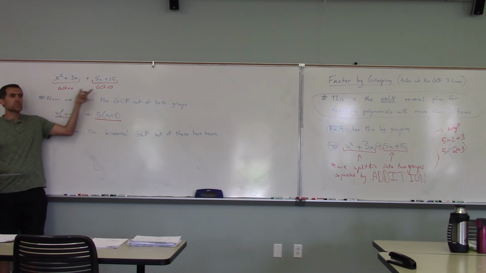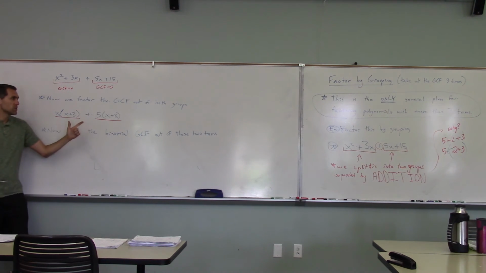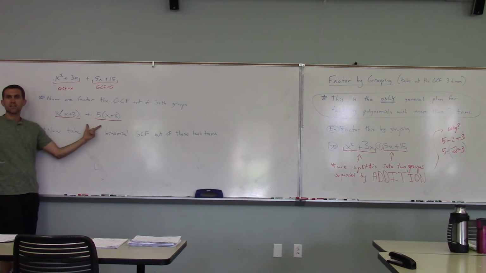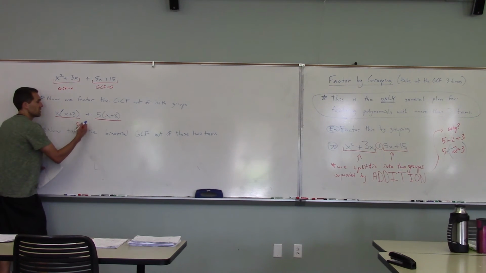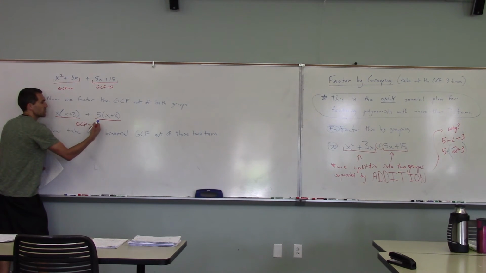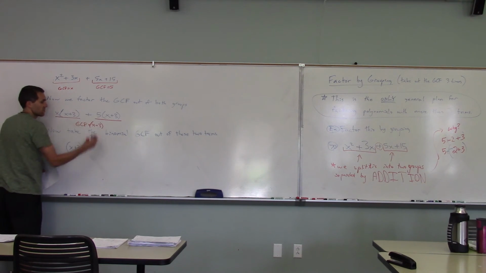We split this into 2 groups. We take the GCF out of this one and this one, that's 2 times. And then all we do is say, oh, but look, now there's an even bigger, cooler GCF that we're going to take out of both of these, which is x plus 3. So taking that out, we get x plus 3, and what's left over? X plus 5.